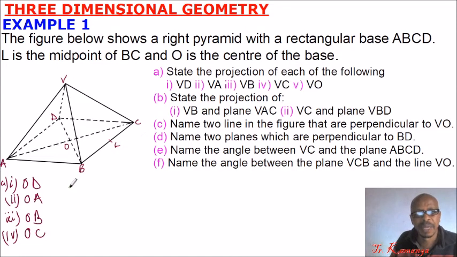Then we go to Roman number 5, the projection of VO. VO is this line here from the midpoint.